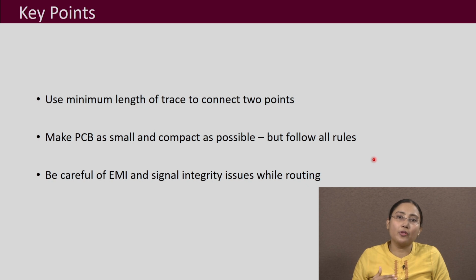I mean, they have to be greater than the minimum requirement, and further follow all the routing rules that are there, taking care of signal integrity and EMI issues. Design the PCB and make it as small and compact as possible, but follow the rules.